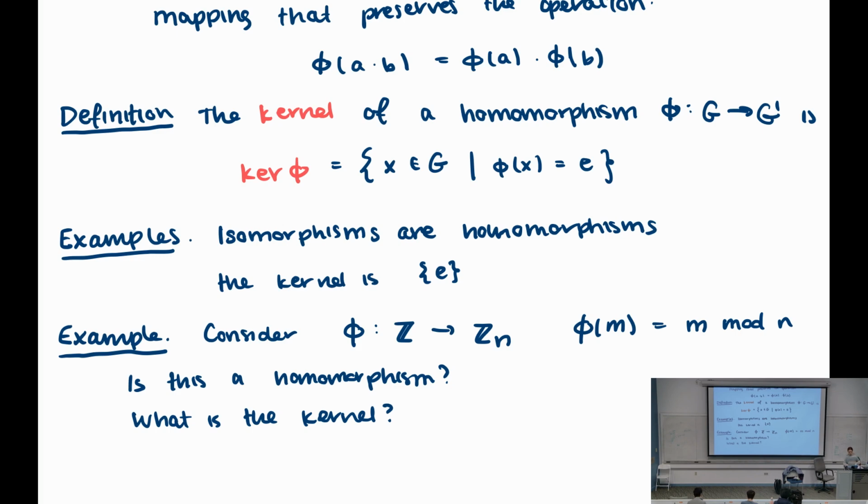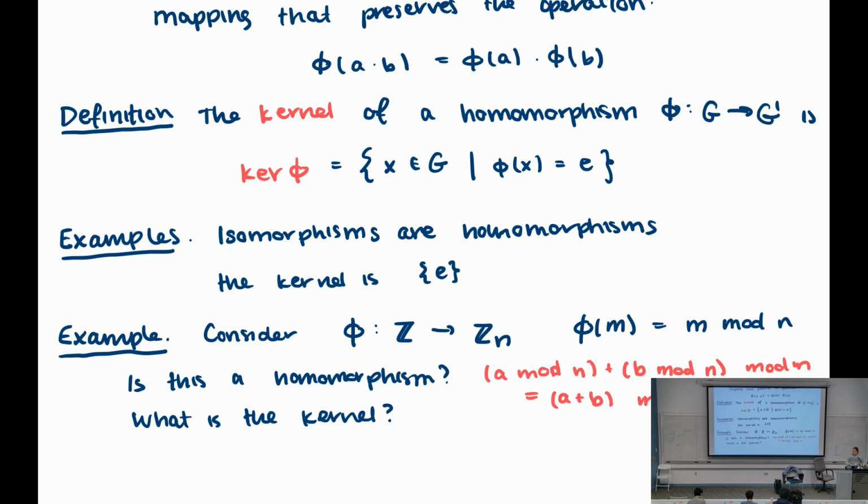Okay, so let's see how this goes. So this map is a homomorphism, and this is just because if I take a mod n plus b mod n, and I mod this again by n, that is equal to doing a plus b and then modding by n.